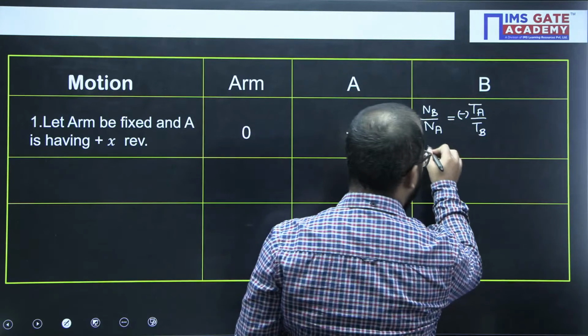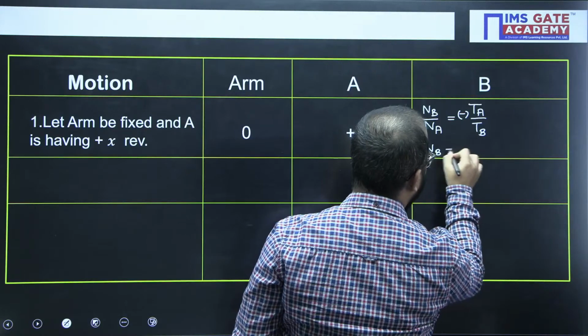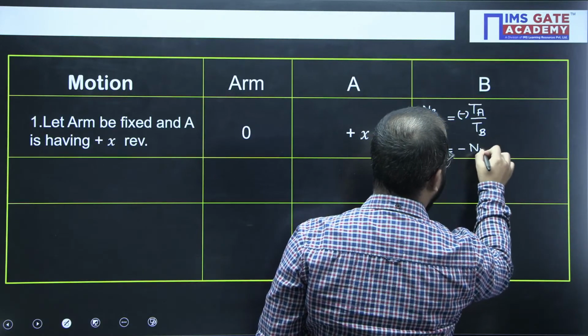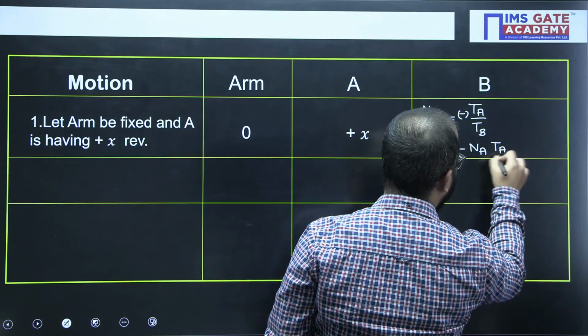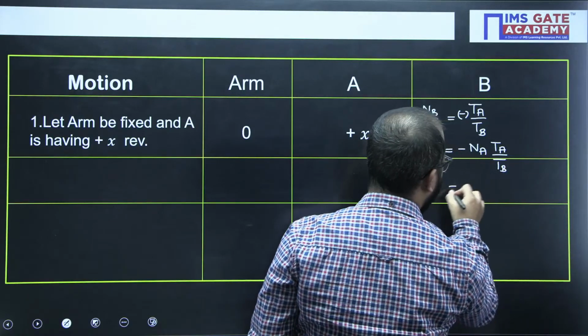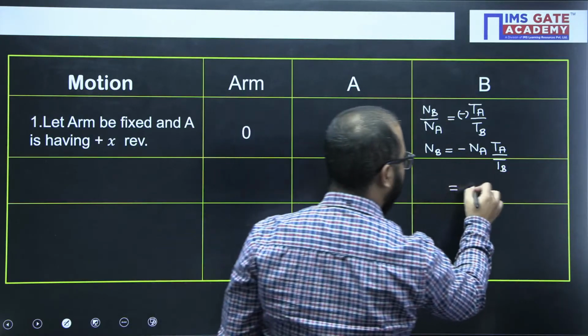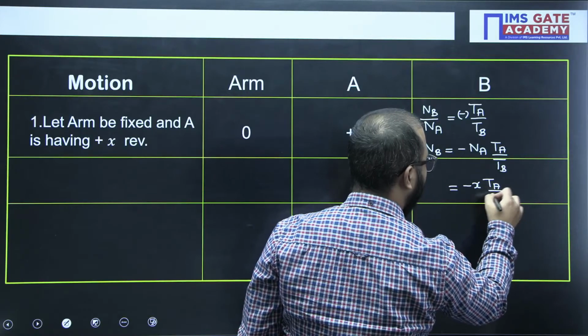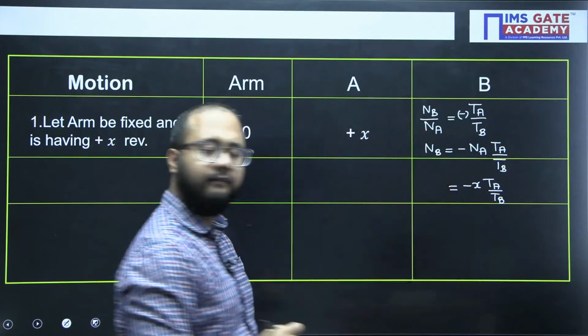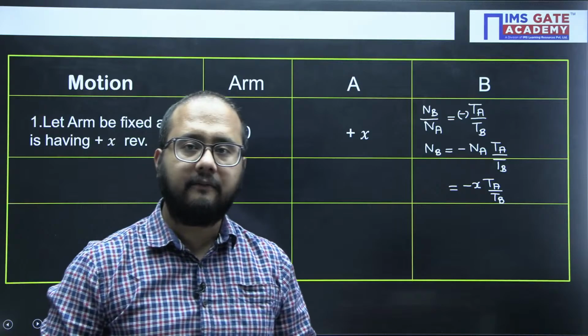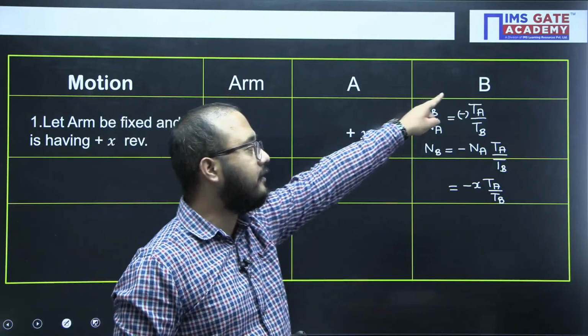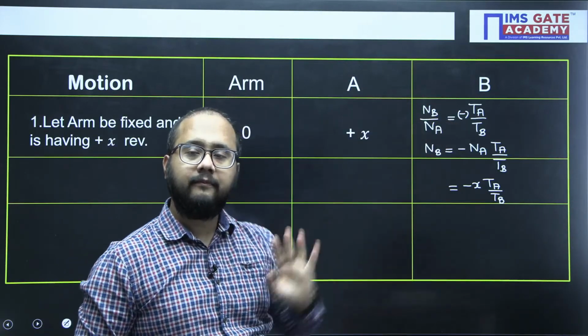So your NB value from here will be equal to minus NA into TA by TB. So finally NA value is X. So minus X TA by TB. Yes or no? Is it clear how I've solved for the speed of rotation of gear B?